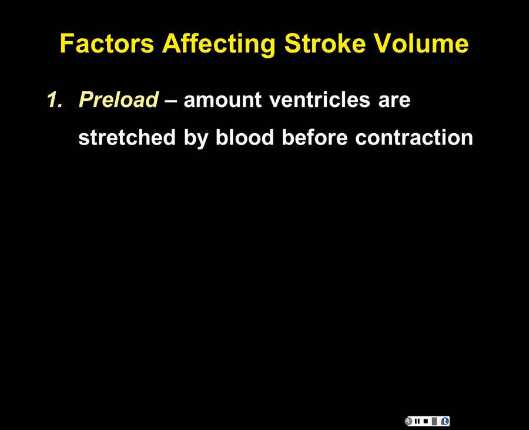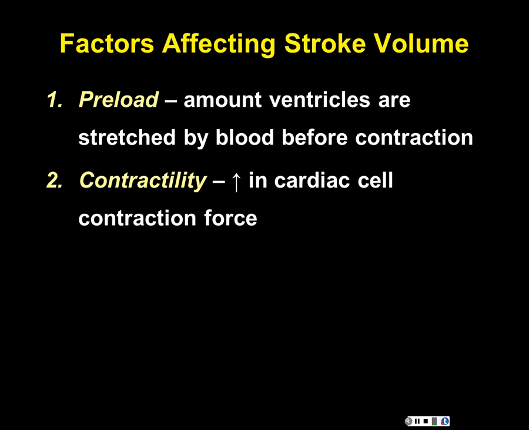Which one is going to let more water out? The one that has more stretch, because you add more, you let out more. So it's the stretching, called the preload, which is directly proportionate to the end-diastolic volume entering it. How much is going in directly influences how much is coming out.